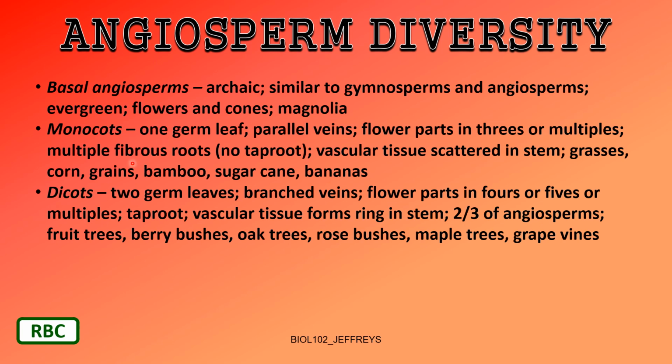They have a fibrous, multi kind of bundle of roots. It looks like there's no rhyme or reason to the root structure. Their vascular tissue is scattered in the stem, and monocots include grass, like in your front yard, corn, grains like wheat and barley, bamboo, sugarcane.